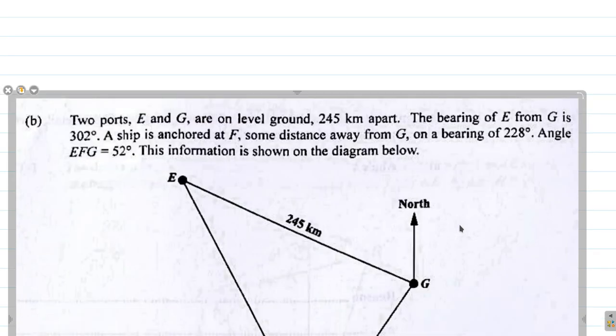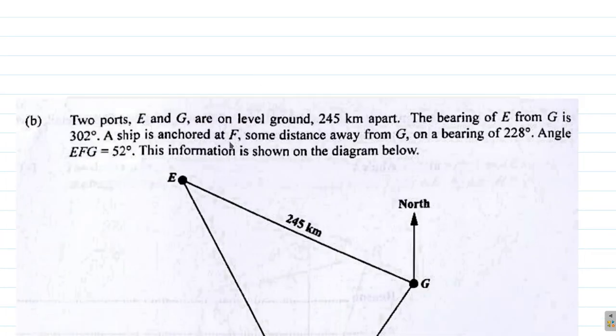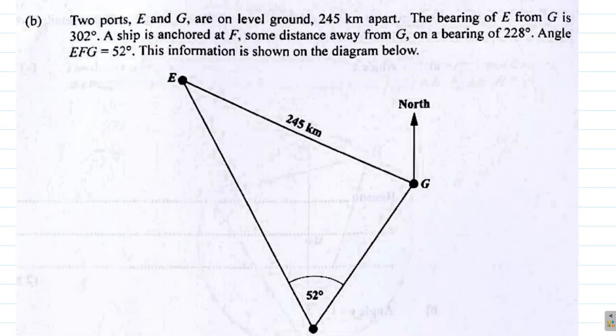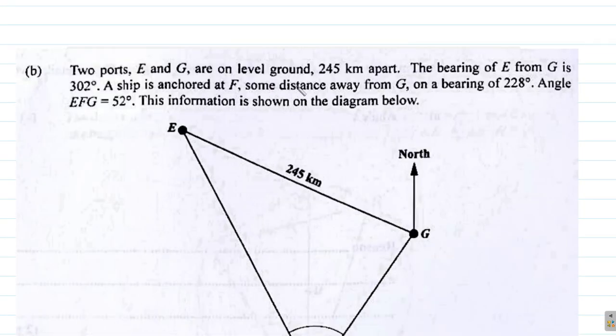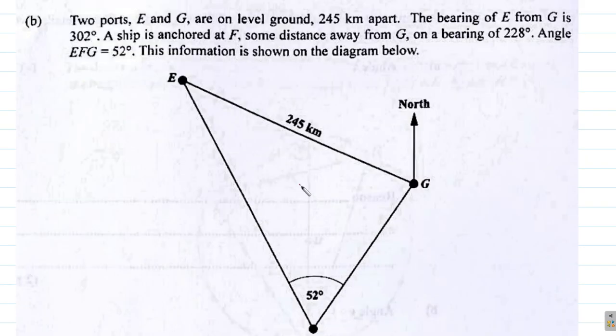It says here, two ports, E and G. So here you have port E and you have port G, on level ground 245 kilometers apart. You can see the distance marked here. The bearing of E from G is 302 degrees.